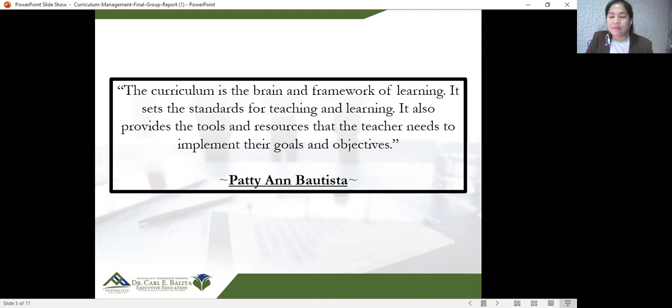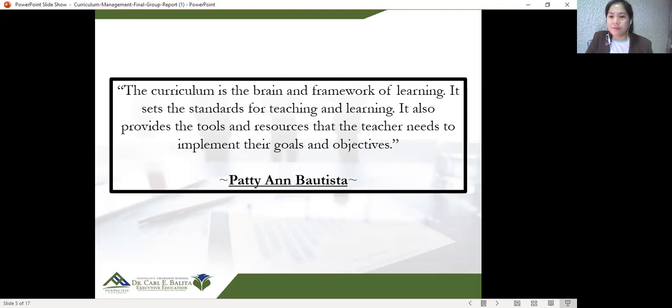Without a clear picture of the framework on how we are going to do the teaching and learning process, it is just not considering the goals that we have for the development of our students.